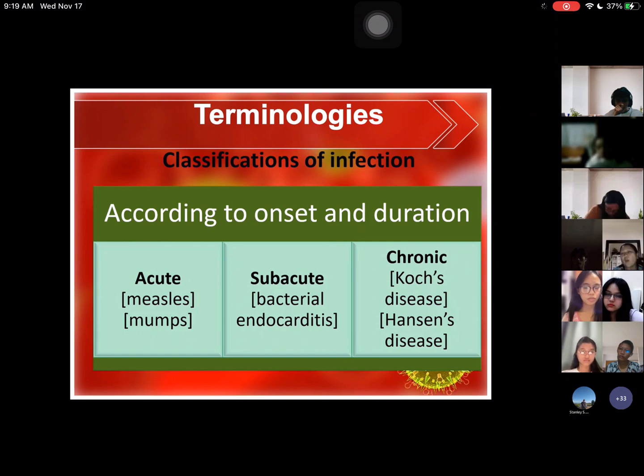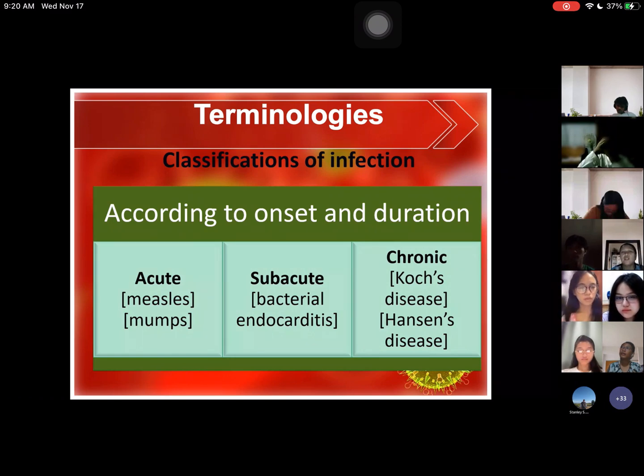So that's why if you had leprosy before, in times of Christ, you were separated from the others because of the tendency that you can transmit the disease from one person to another. That's Hansen's disease. It has a slow onset and also slow recovery. Okay, so these are the classification of infection according to onset and duration.